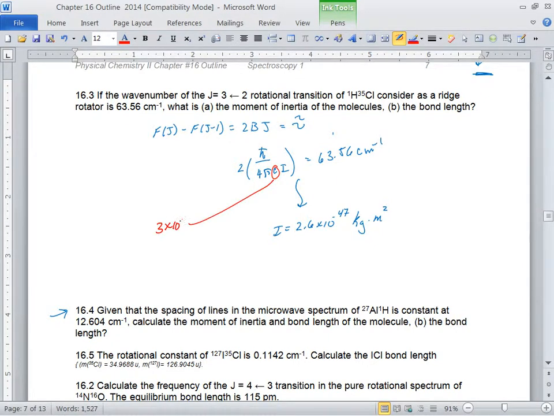Three times 10 to the, but centimeters per second would be 10, right? So make sure that you have that as your C. It should work out.